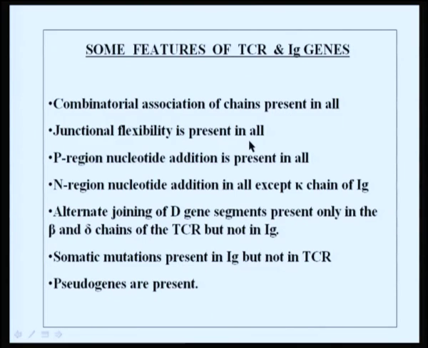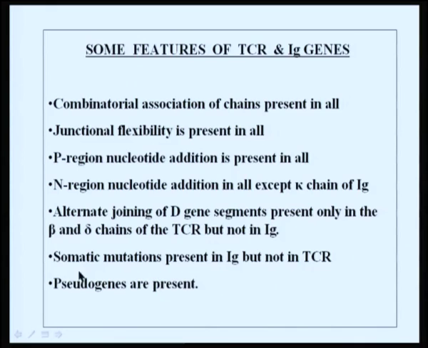The P region nucleotide addition is present in all, and the N region nucleotide addition in all except the kappa chain of immunoglobulins. There is also alternate joining of D segments present in the beta chain and the delta chains of the T cell receptor, but not in immunoglobulin molecules.